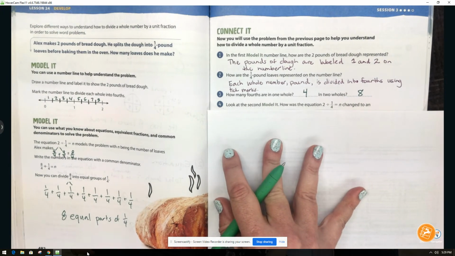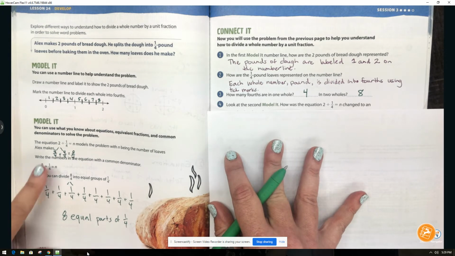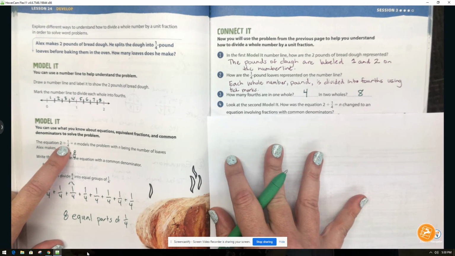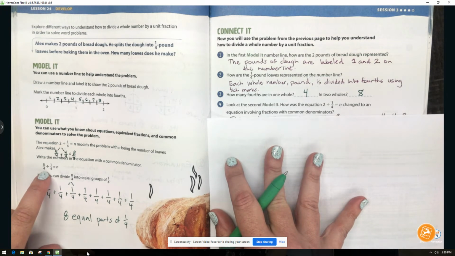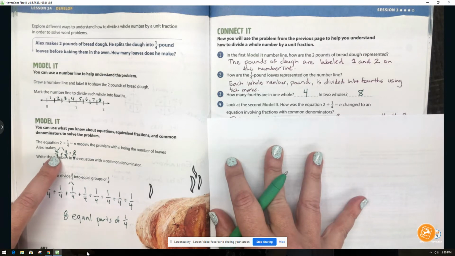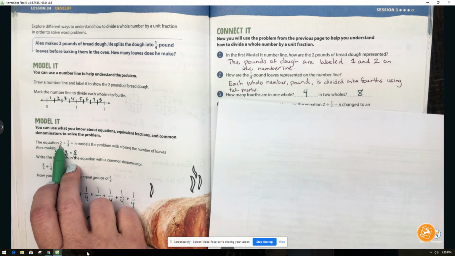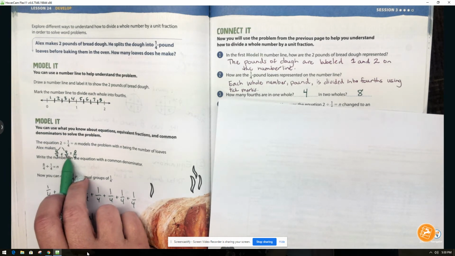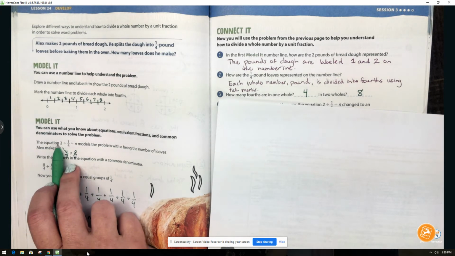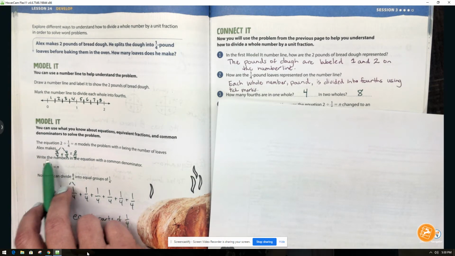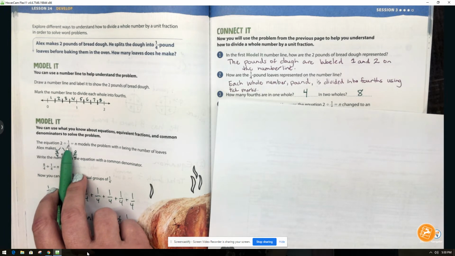So now if we look at the second model, how is the equation 2 divided by 1/4 changed to an equation involving fractions with common denominators? Now, I already showed you how we could make this 2 wholes into 8/4 by changing each of those wholes into 4/4. The reason I chose to turn them into 4/4 is because the denominator here was already 4.